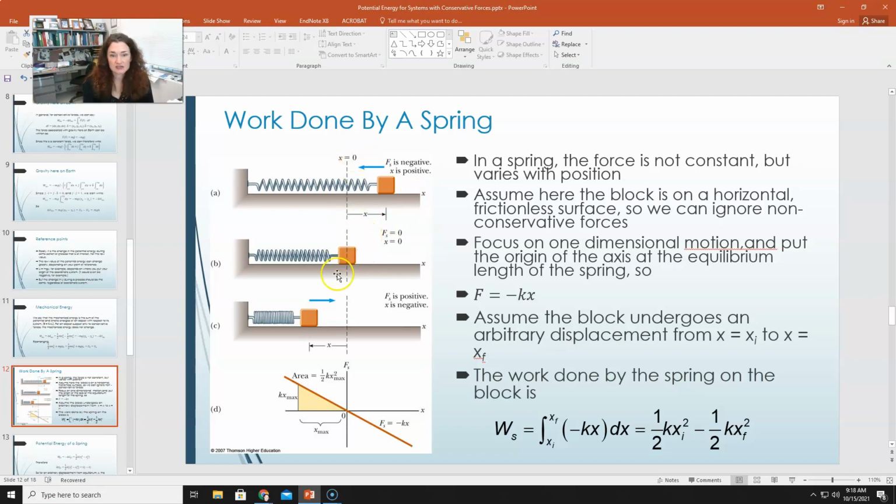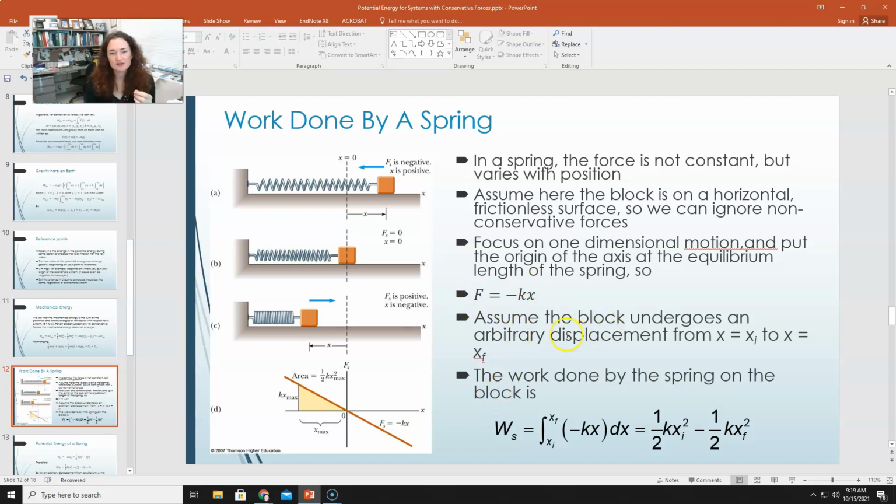What we've done in this problem is chosen our origin such that that's where the mass sits when it's at its unstretched length, and that's shown here in image B. Okay, so our origin is right there where the orange block is in image B. Then any displacement from equilibrium would be the x-coordinate. So that's how that's written. Now, we're just going to do this for 1D, okay? So here, the force is equal to minus kx.